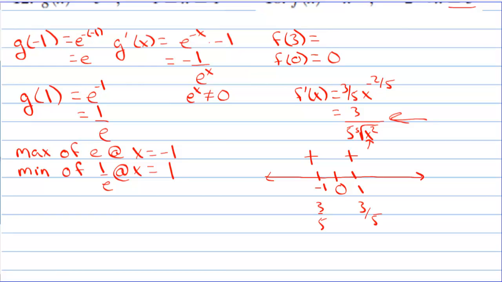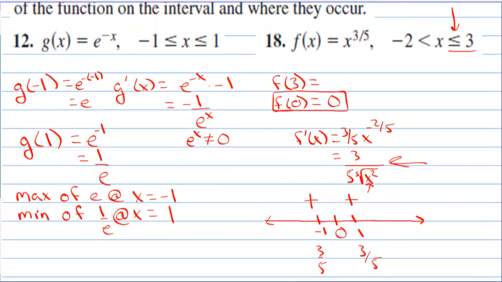Now, in order to be a minimum or maximum, the derivative has to change signs. And even though there is a point at 0, the derivative doesn't change signs there, so it's not a minimum or a maximum. Let's look at 3. We plug 3 in. 3 to the 3/5.